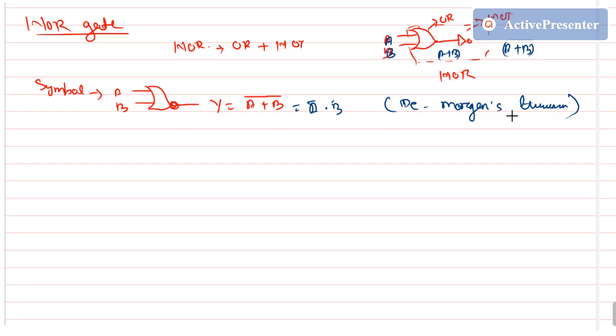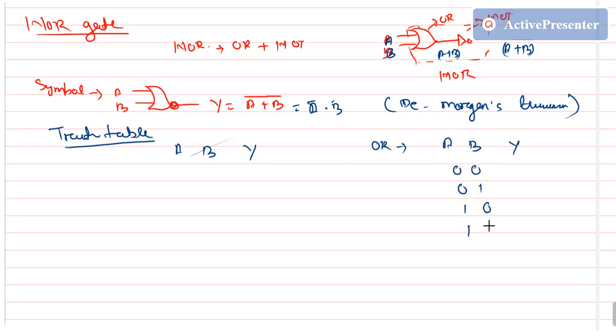Okay, for the NOR gate we should have a truth table. So what is the truth table of the NOR gate? I'll write A, B and Y. For comparison, let me first write the truth table of the OR gate. A, B, Y, combinations are 0 0, 0 1, 1 0, 1 1. Here also the same 0 0, 0 1, 1 0, 1 1.